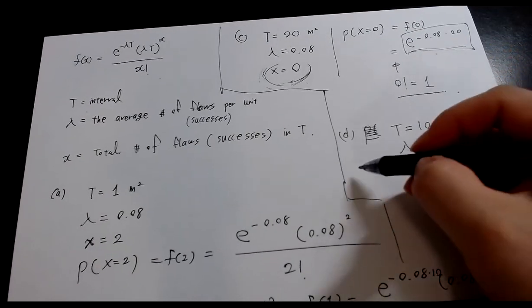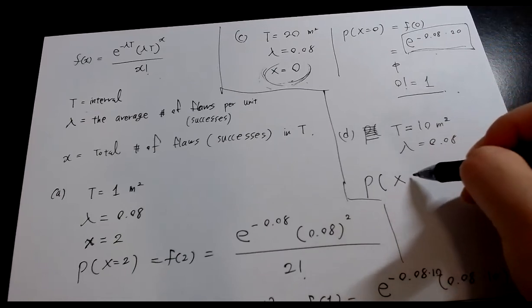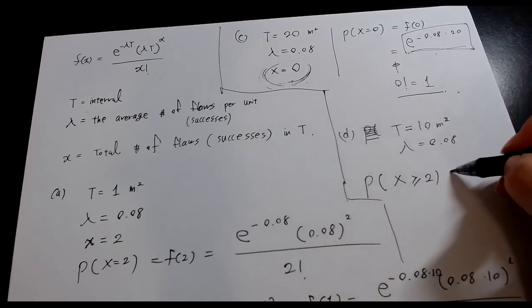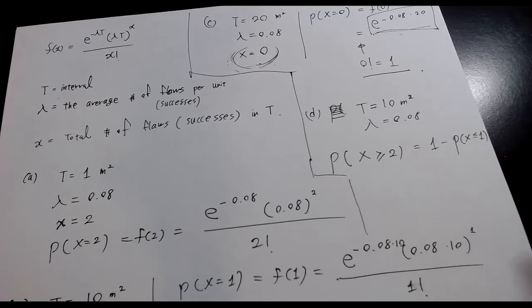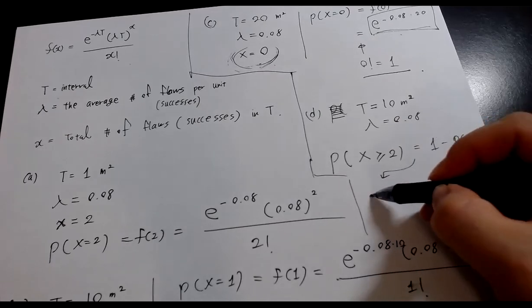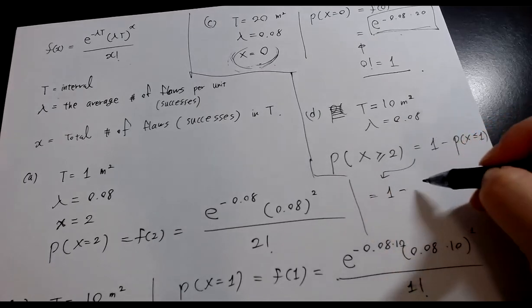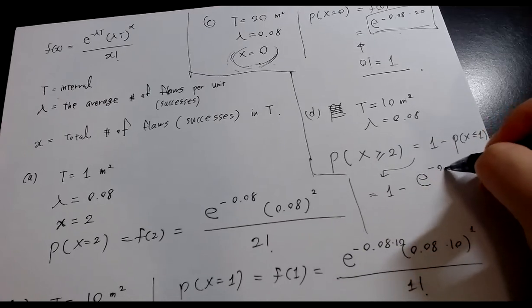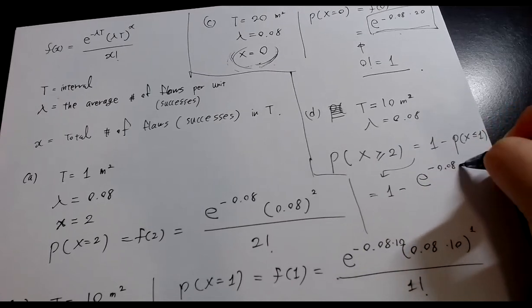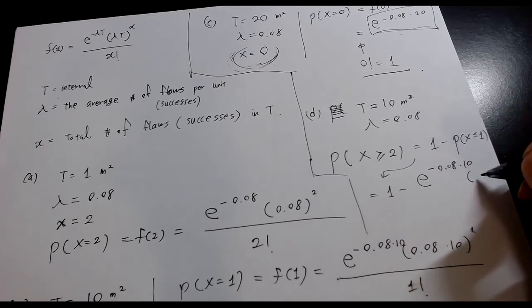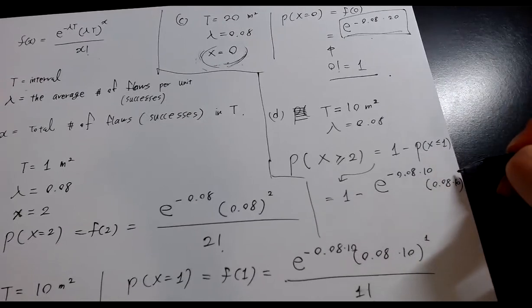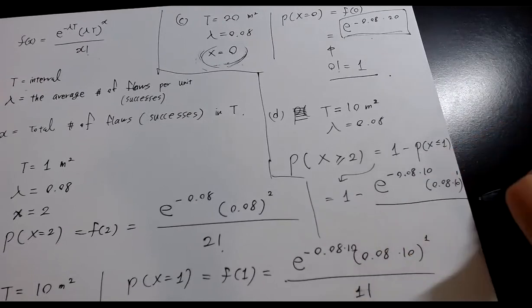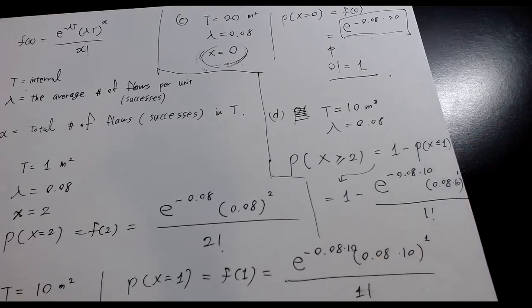The probability that x is greater than or equal to 2 is equal to 1 minus the probability that x is less than or equal to 1. So this is equal to 1 minus e to the negative lambda t, with t being 10 and lambda 0.08, times 0.08 times 10 to the first power over 1 factorial. Let's just calculate this one.